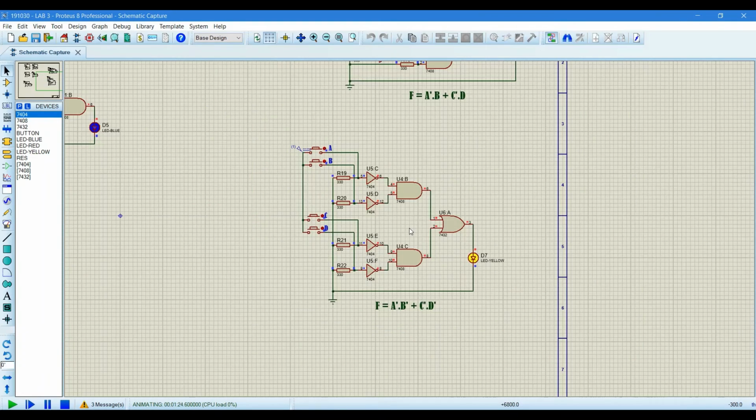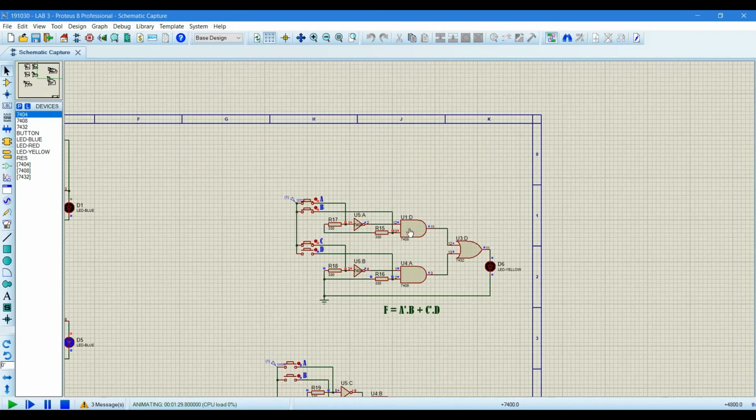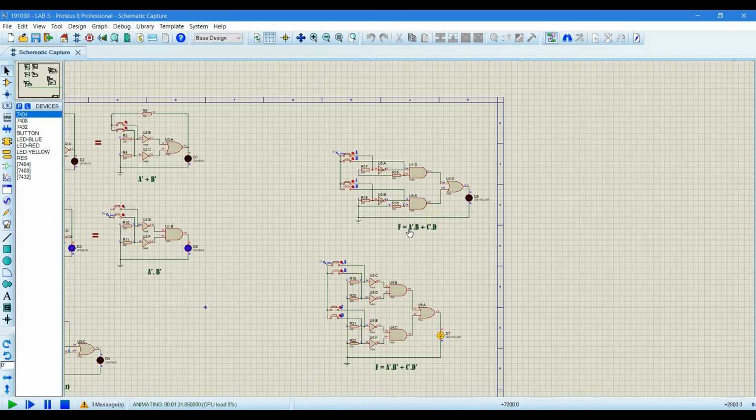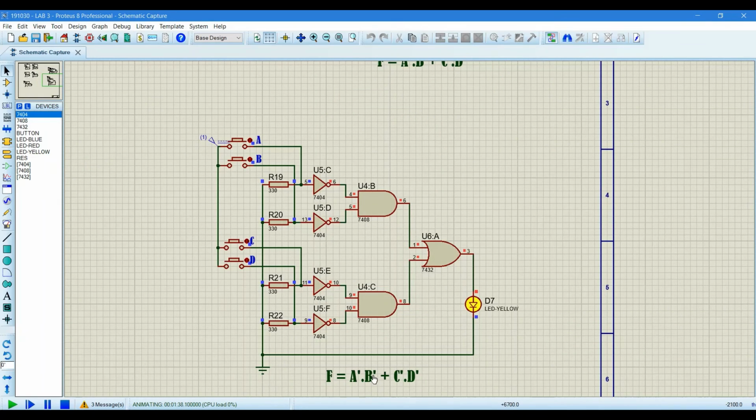Let's get into the last Boolean function of today. Basically this combination is made like the previous one, but the only difference is that here it is A complement dot B complement, so we need a NOT gate for B too. Here it is B complement and D complement, so we use a NOT gate for all inputs A, B, C and D. The NOT gates can be put here, but it's fine.